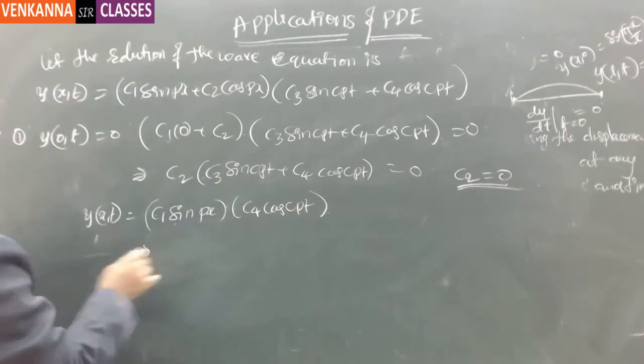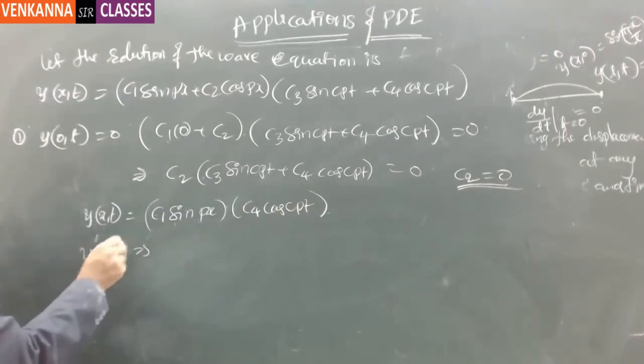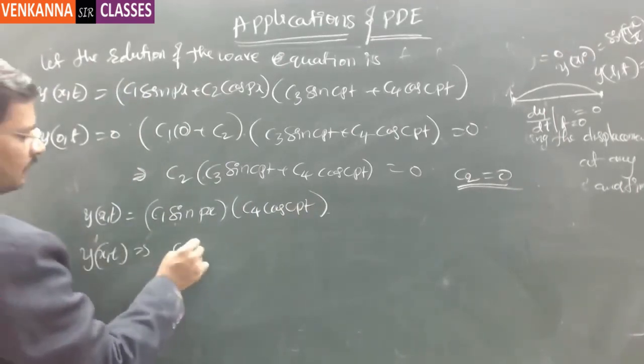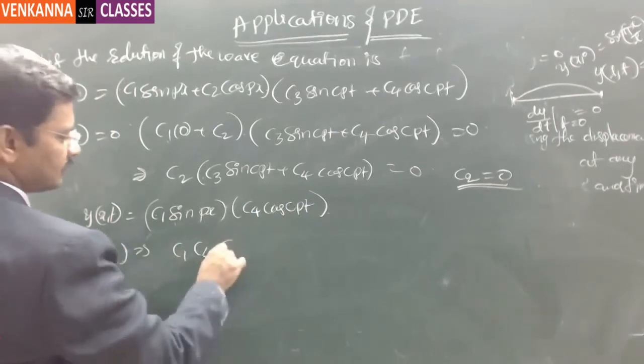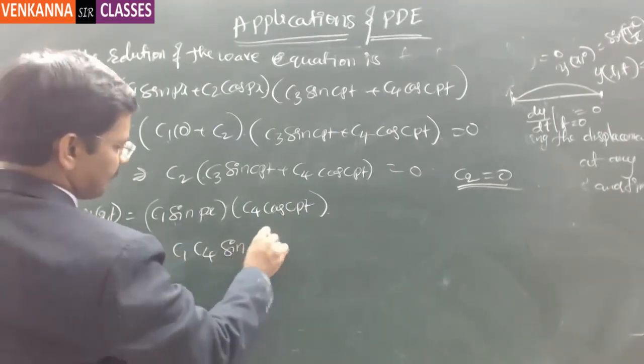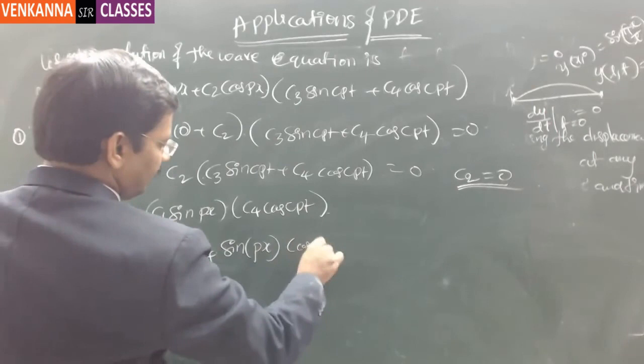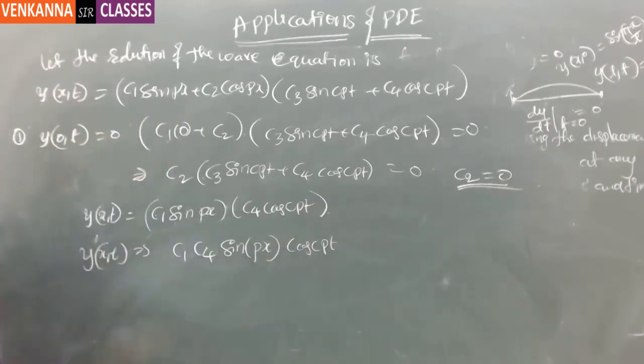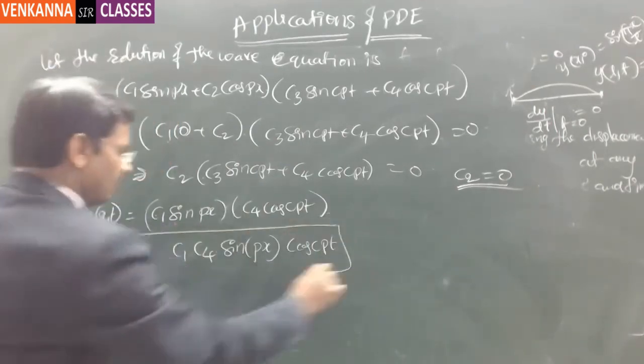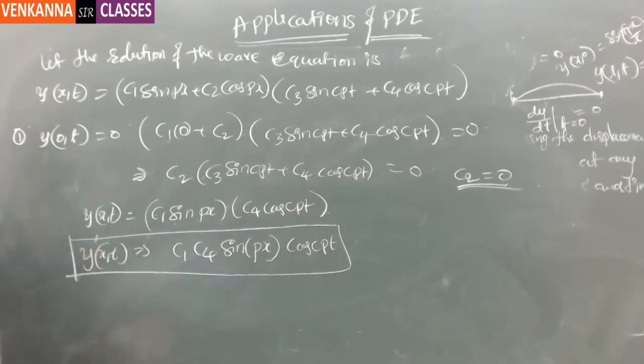So this is y of x comma t is equal to c1 c4 sin px cos cpt. So this is the solution, the simplest solution we have got. But still the unknown constants c1, c4 are there.